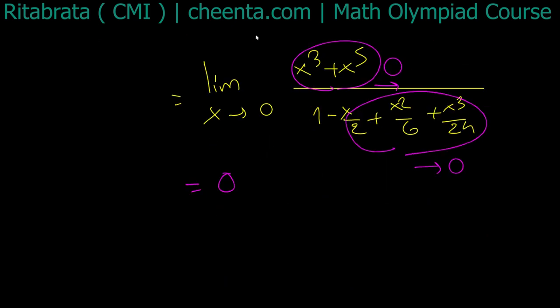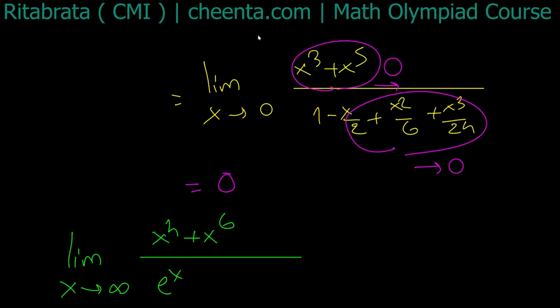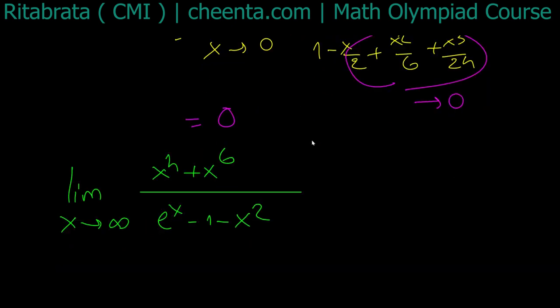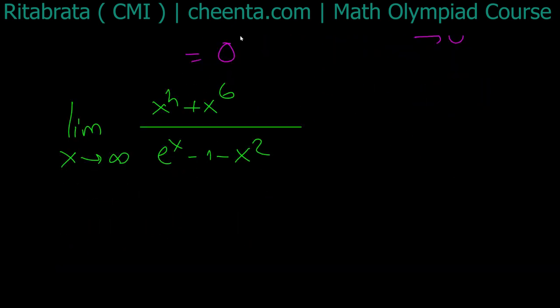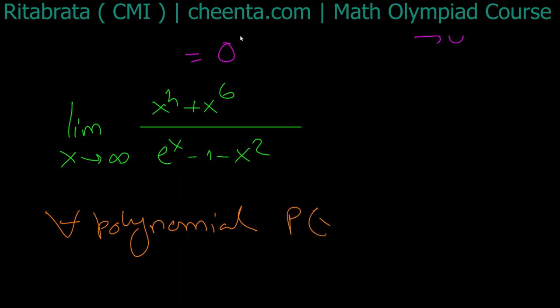And what about the limit of g when x tends to infinity? Remember one thing that is very important. For any polynomial p(x), as x tends to infinity, p(x) by e to the power x always goes to 0.